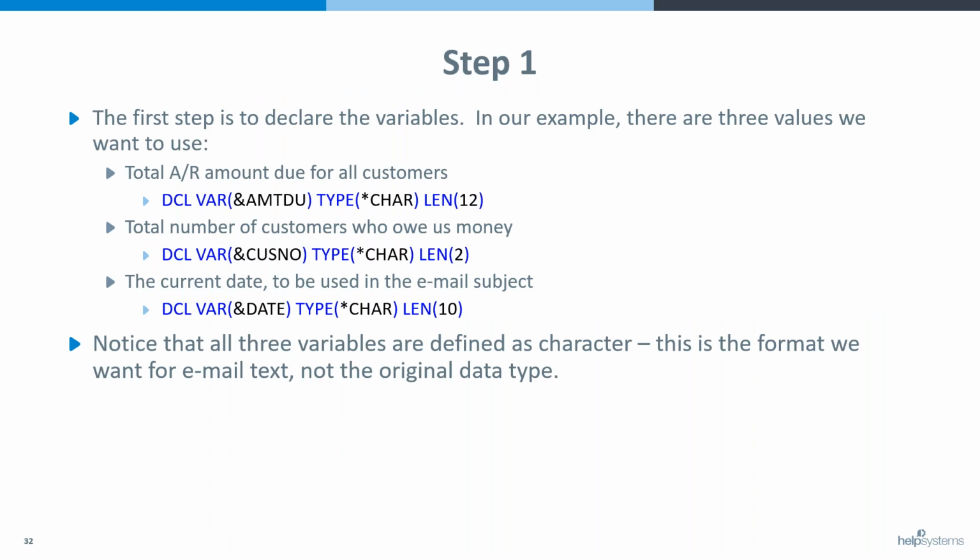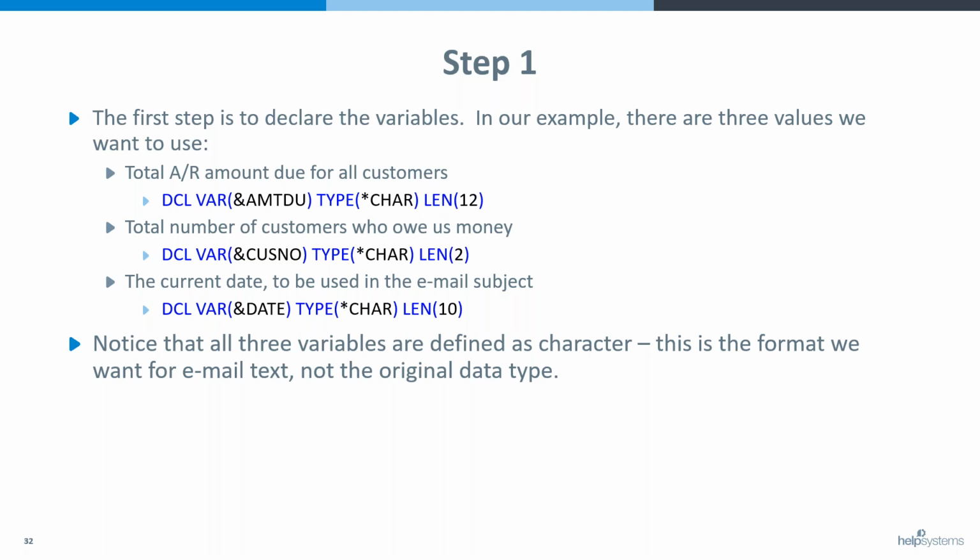So the first step to define the variables, we use a declare function. So I just say declare the variables, and then you can see I've got the variable name, but we're using a variable type of character. In this case, we've actually got 3 numeric values, but we're going to treat them as character because that's how they're going to go into the email message.